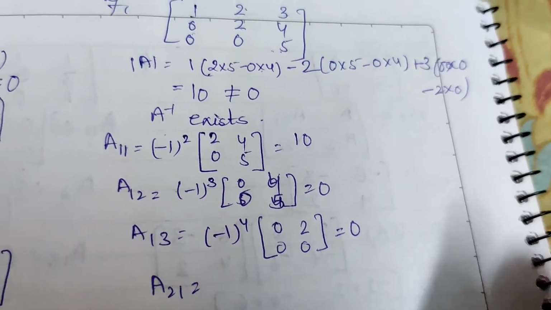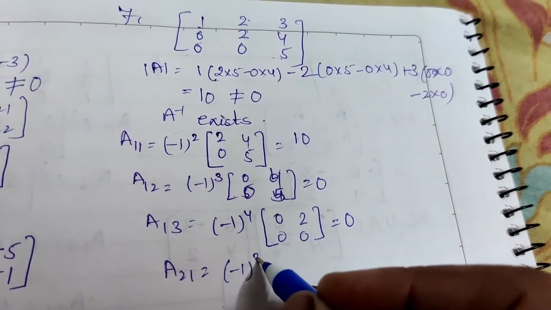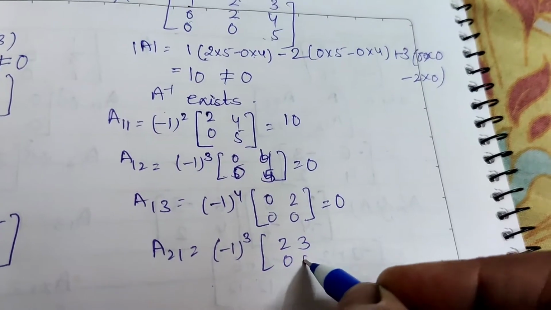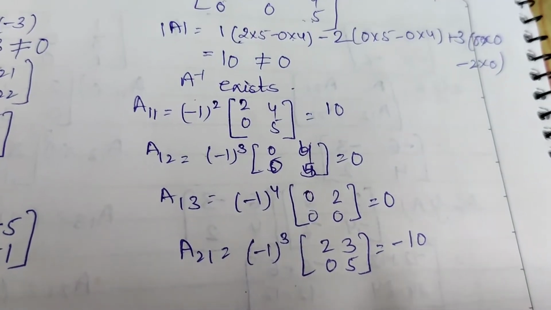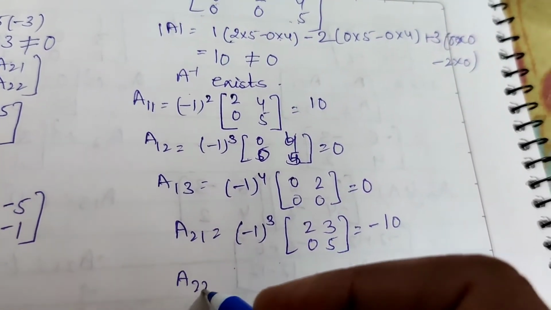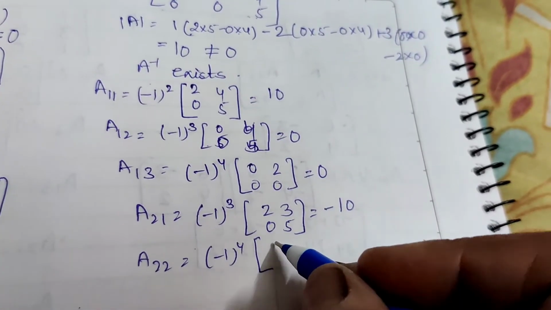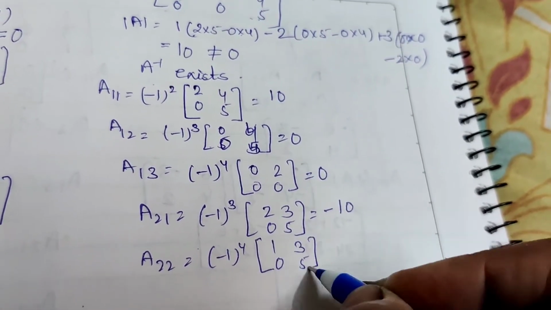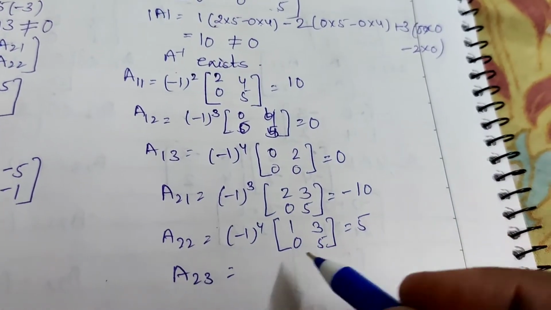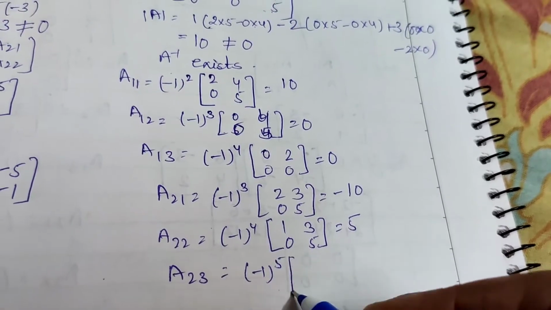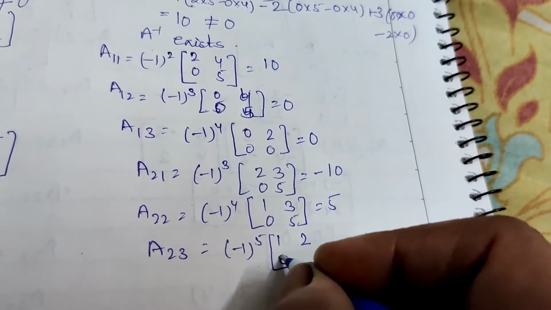A21, second row first column, 2, 3, 0, 5. It is minus 10. Okay. Next, A22: minus 1 raised to power 4, 1, 3, 0, 5. It is 5. And A23, second row third column, 1, 2, 0, 0.